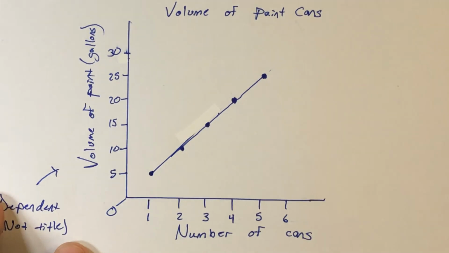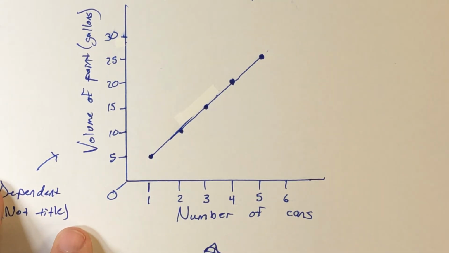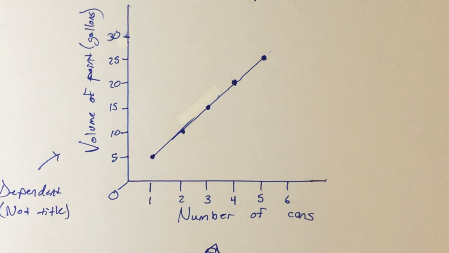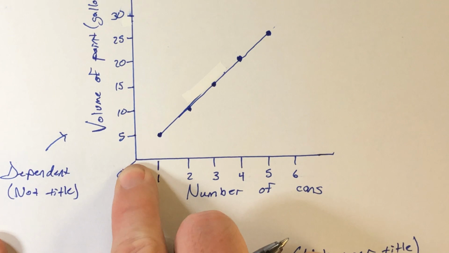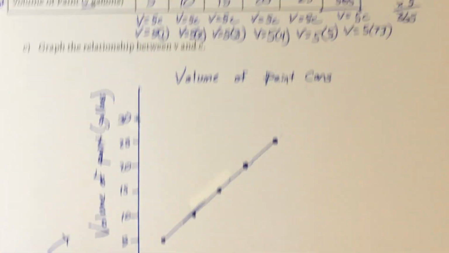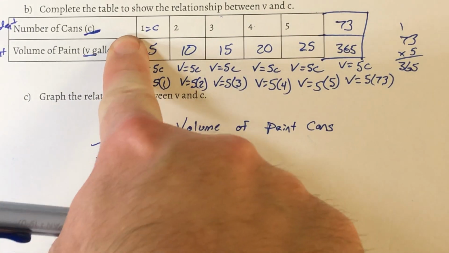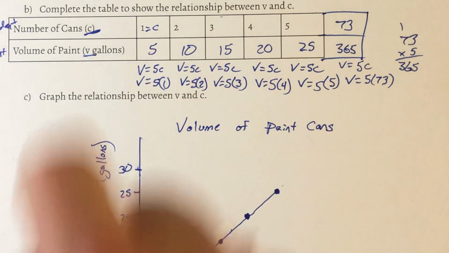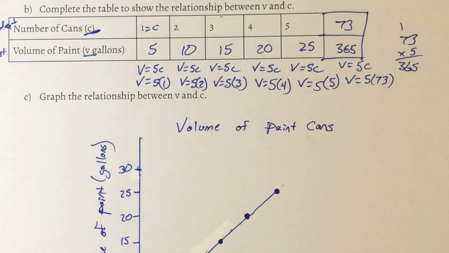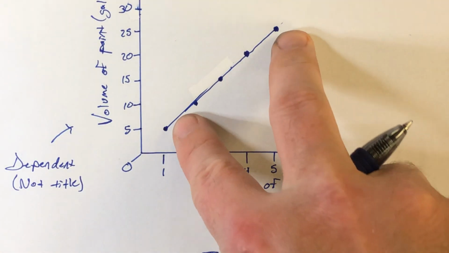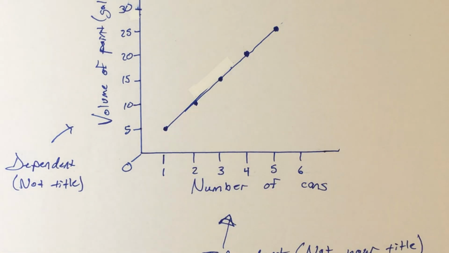Again, use graph paper if possible. Definitely, don't freehand. Your dots must connect. All right, should I connect this to 0? Well, did my chart have 0 cans and 0 gallons? No, it doesn't. So you're not going to put that on your graph. That line should look just like that.